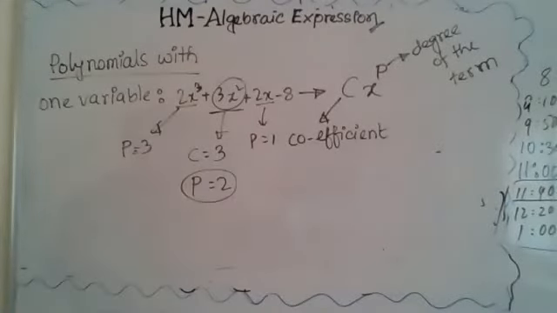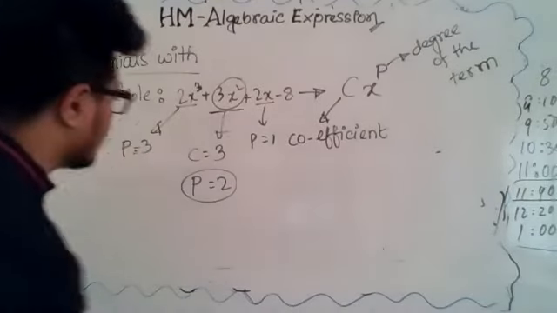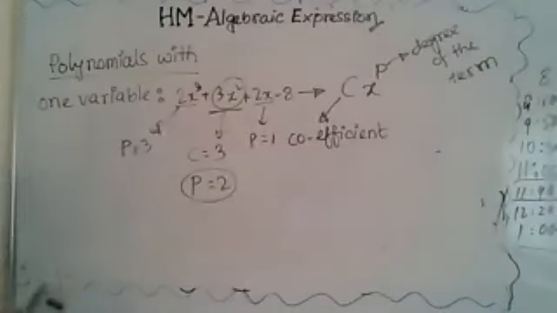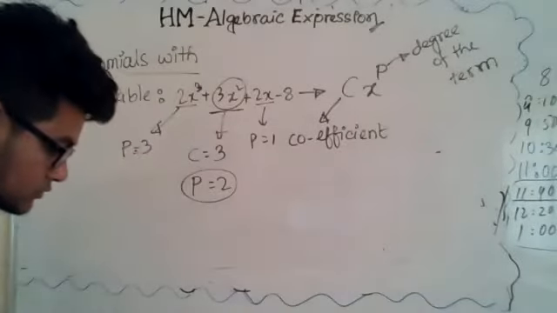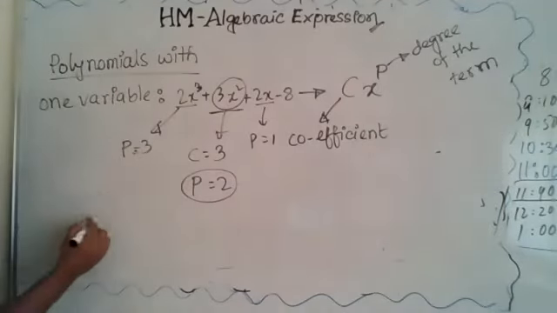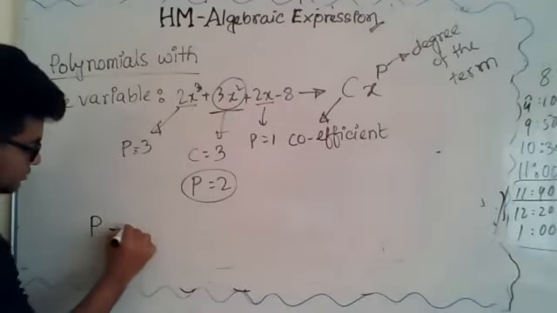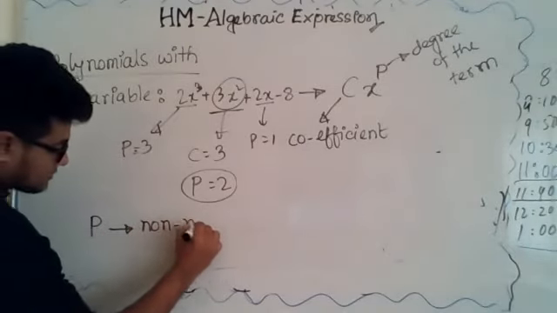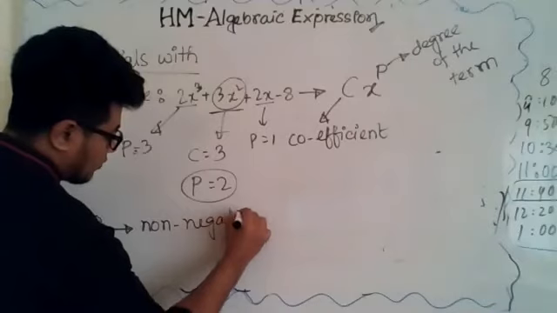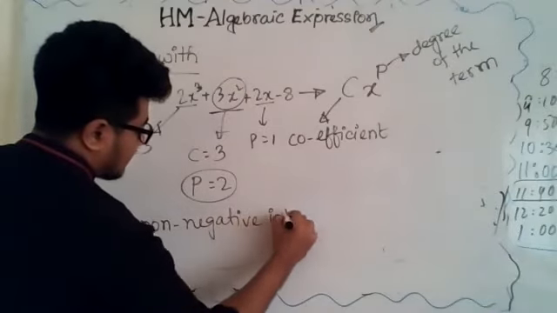No, I guess. Okay. So we will move to the polynomial with 2 variables. Oh, before that, I want to tell you that all the power, see the degree, this degree, p, must be a non-negative integer. This is a very important point. Non-negative integer.